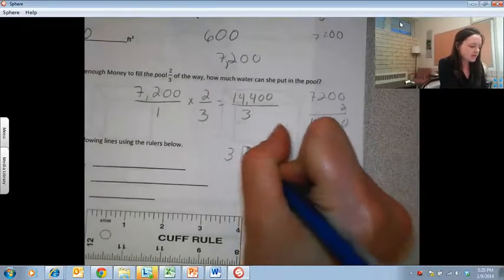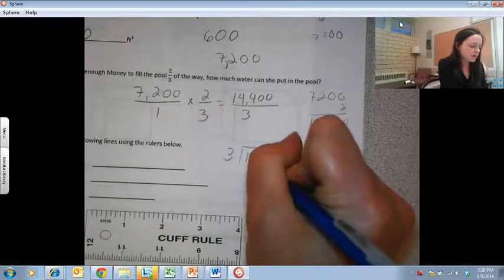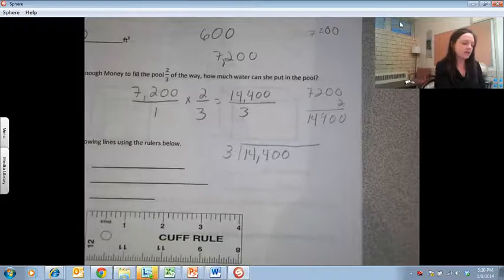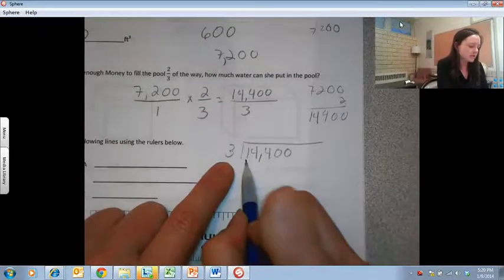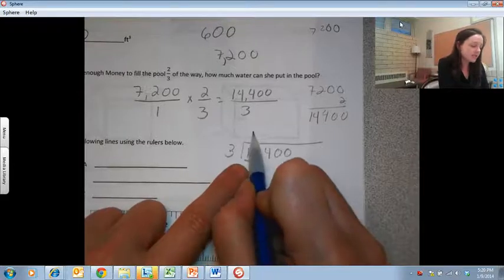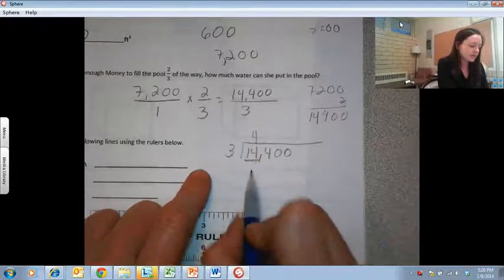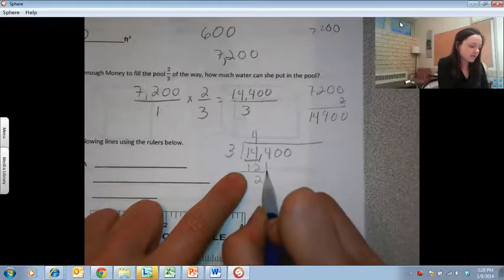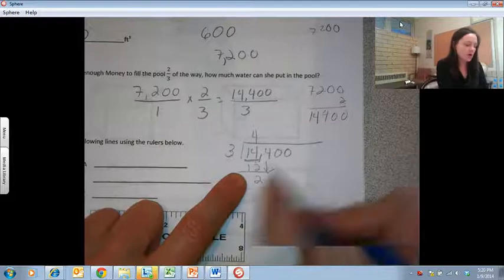So 3 into 14,400. 3 cannot go into 1, so we're going to look at 14. 3 can go into 14 4 times. 3 times 4 is 12. I have 2 left over. I bring down my 4.